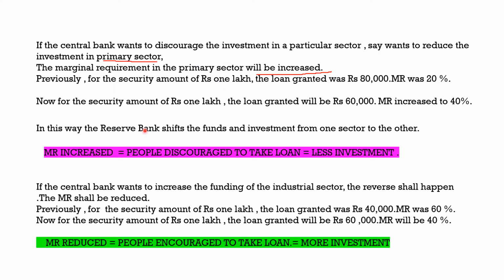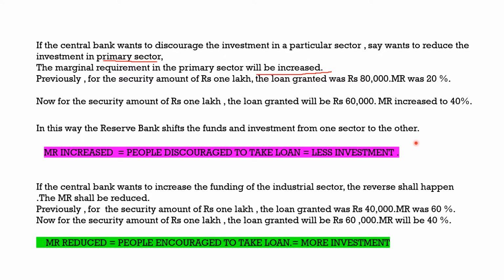In this way, the Reserve Bank shifts the funds and investment from one sector to the other sector. So, as I always say, the magic wand lies in the hands of the RBI. If it wants not to invest in one particular sector, it has so many ways; it will increase the marginal requirements. Now, what basically happens when the marginal requirement increases?